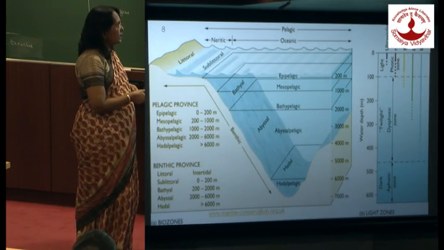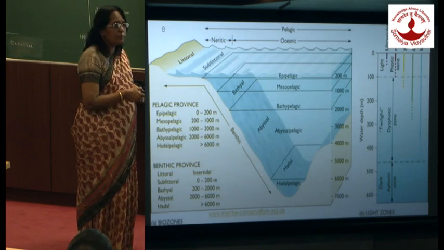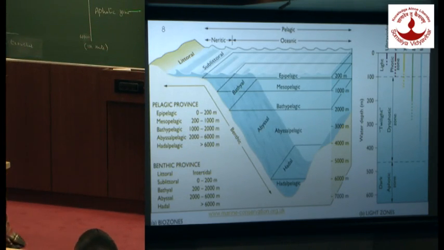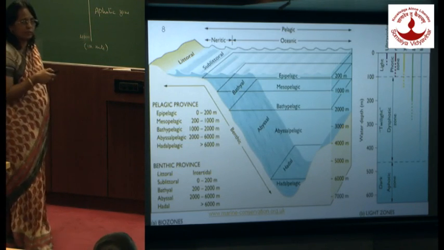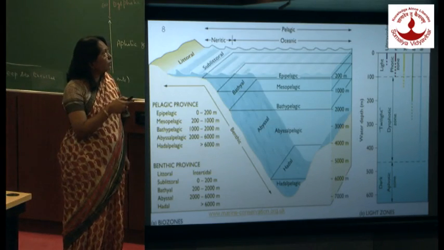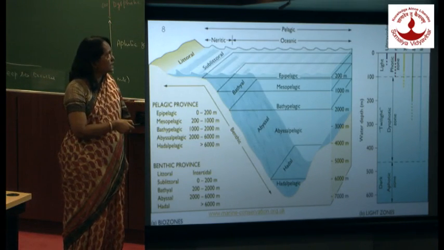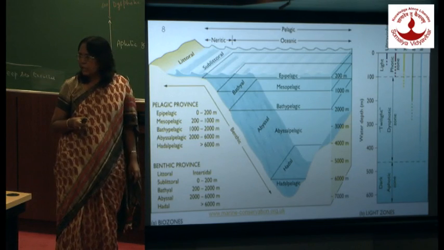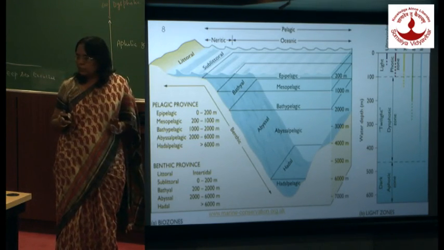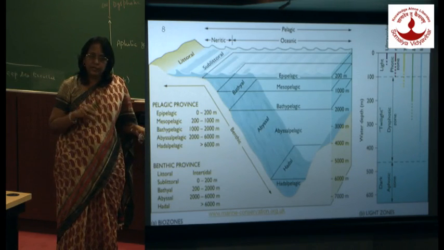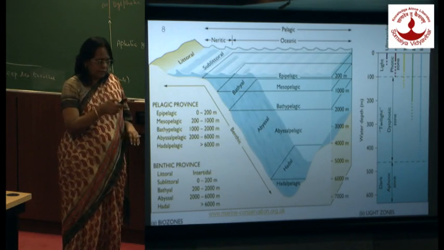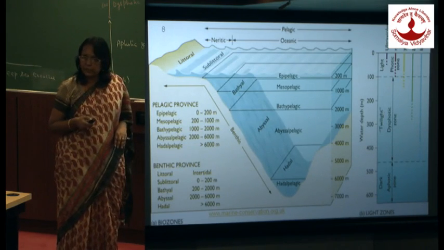And then comes hadopelagic. Now hadopelagic generally you will find present in trenches. When we come to trenches, we'll talk about it. Now all through from surface to the bottom of sea, it's buzzing with life. And beautiful biodiversity is present. Different types of animals have adapted themselves to the lifestyle they need to have.